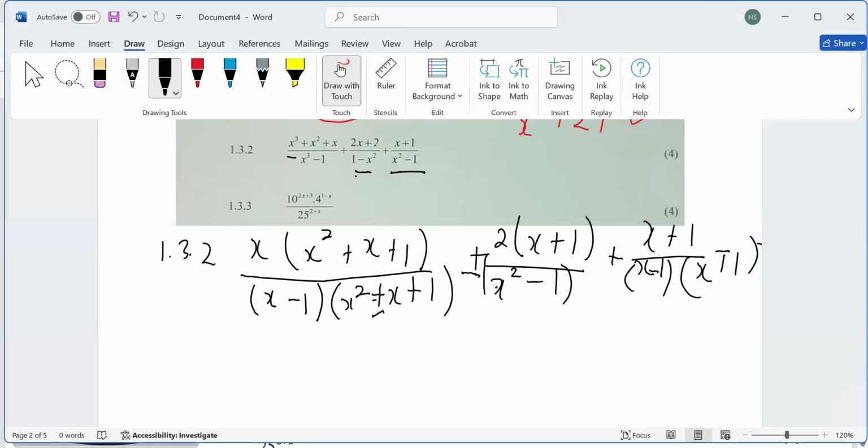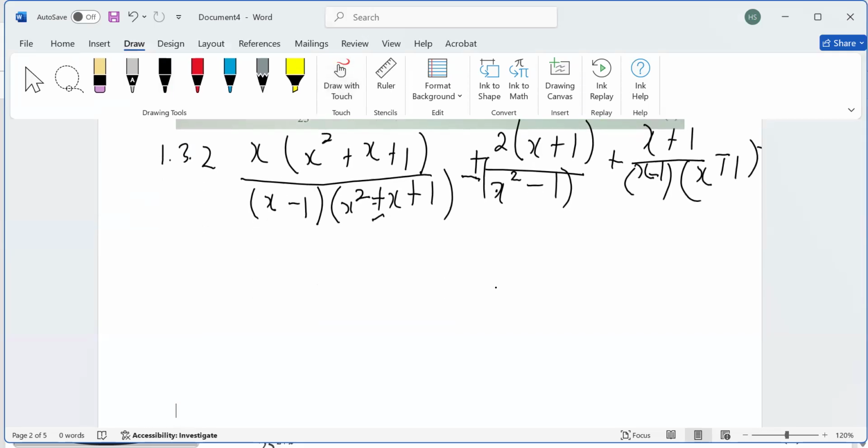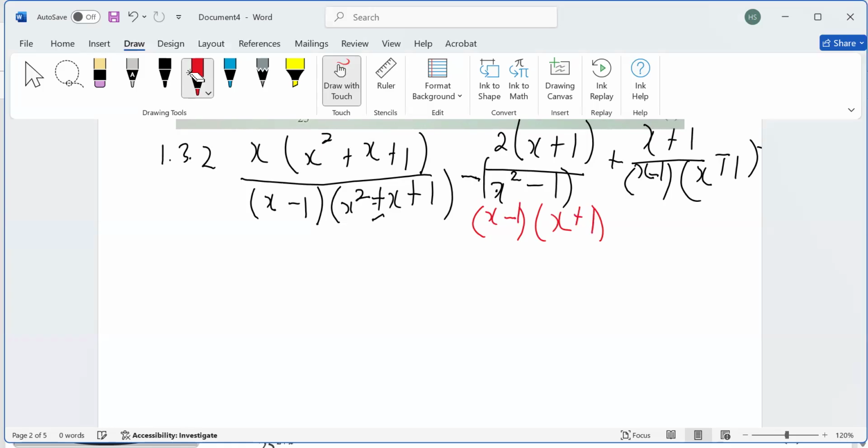This one has a negative in between because we had a positive and a negative. So we get a difference of 2 squares for these two: x minus 1, x plus 1.